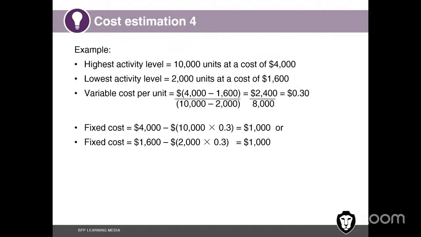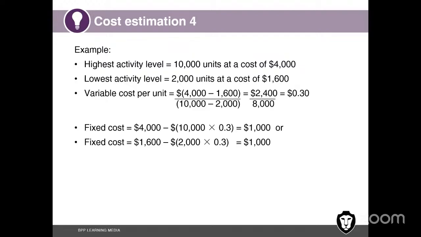Now we can choose any one of the other points to find the fixed cost. Fixed cost is equal to total cost minus, open bracket, the activity times the variable cost per unit. That's how you get fixed costs. So for example, you can choose any one.